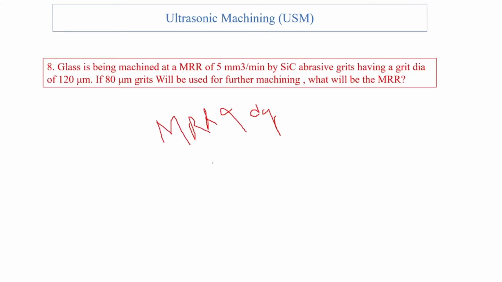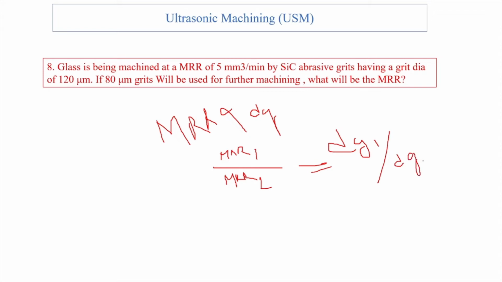So from this we can write MRR1 by MRR2 equals dg1 by dg2, right?